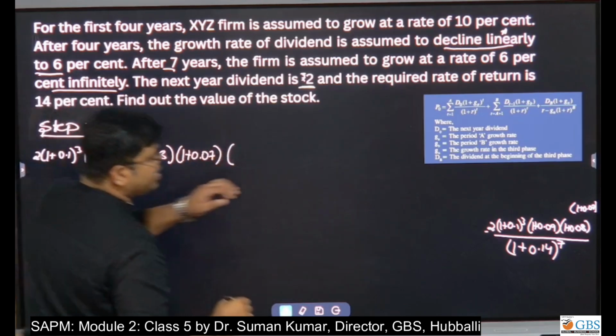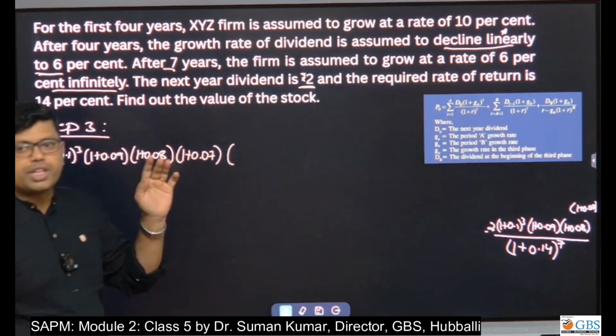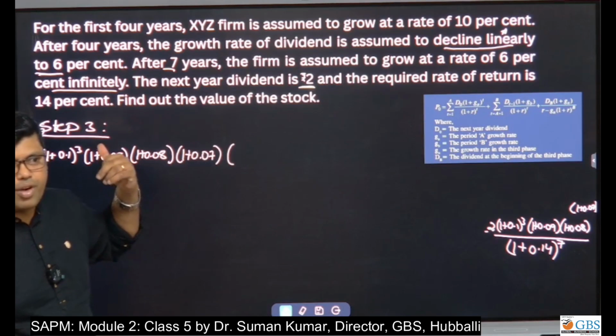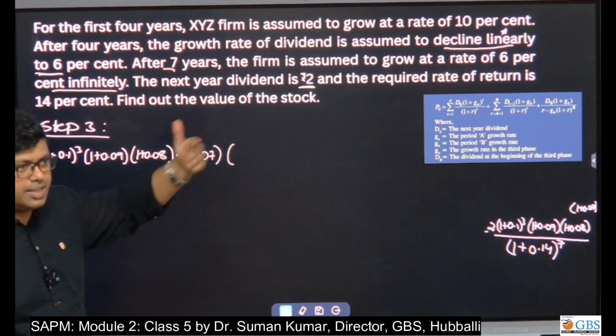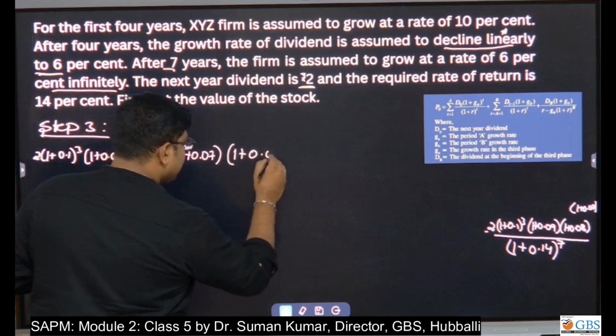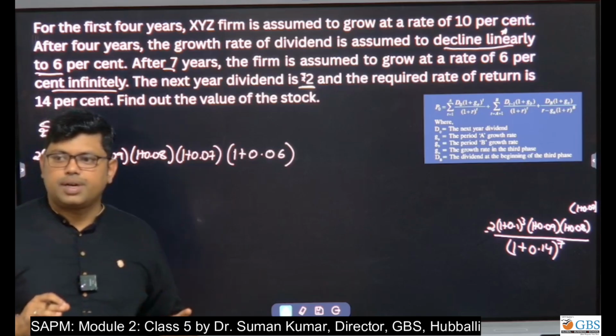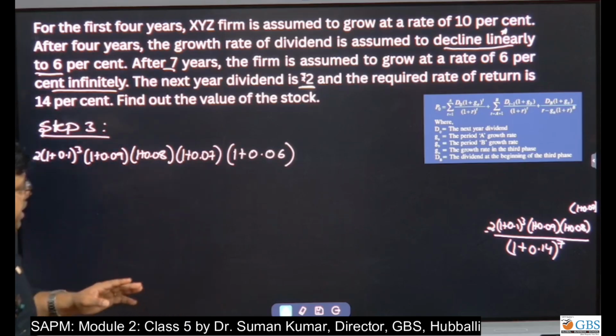Now I am writing 1 plus g_n. What is the growth rate for the third phase? 6%. How to write that? 1 plus 0.06. Any doubt after this? Is it clear? Okay.